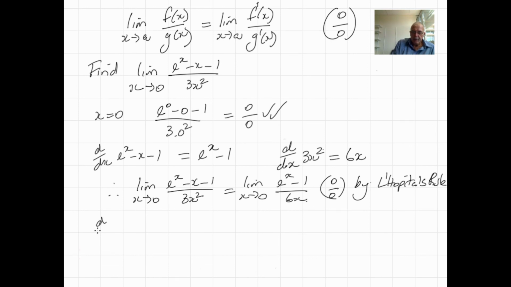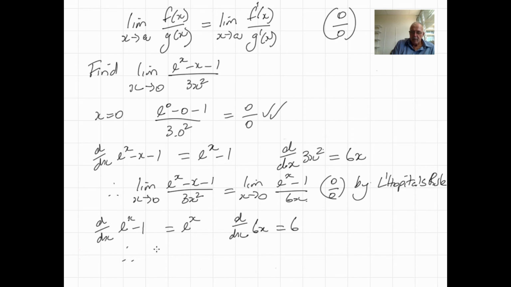So derivative with respect to x of e to the x minus 1. Derivative of e to the x is equal to e to the x. Derivative of a constant, which is negative 1, is 0. And derivative with respect to x of 6x is equal to 6.